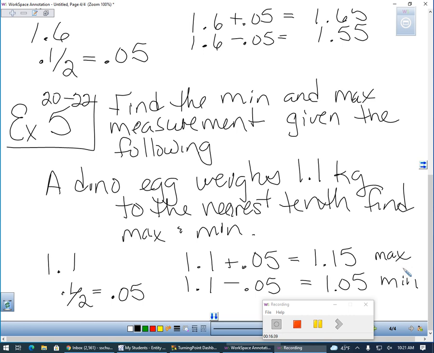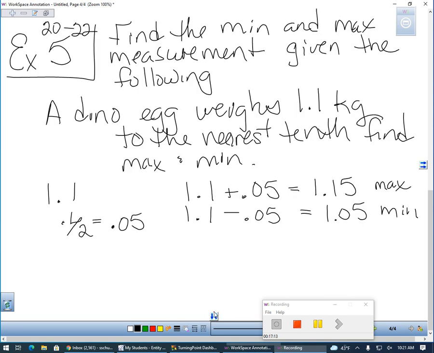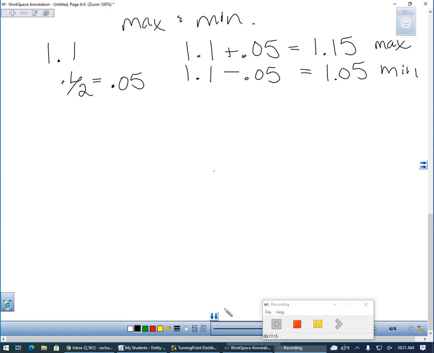Awesome question. I'm so glad you asked. So what if it was in the 100th spot? What if we had the same idea and we had 2.37, so it falls in the 100th spot? We would take 0.01, which is 100th, divided by 2, and we get 0.005.